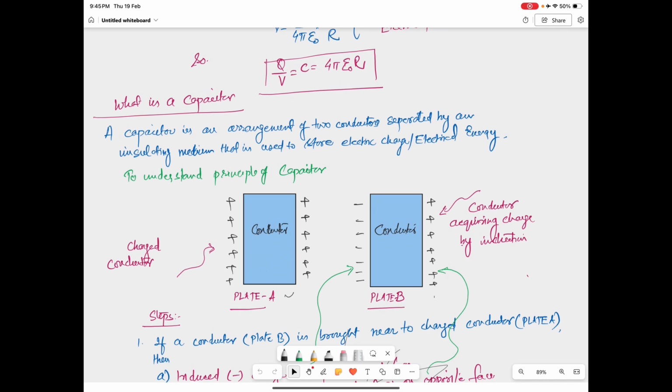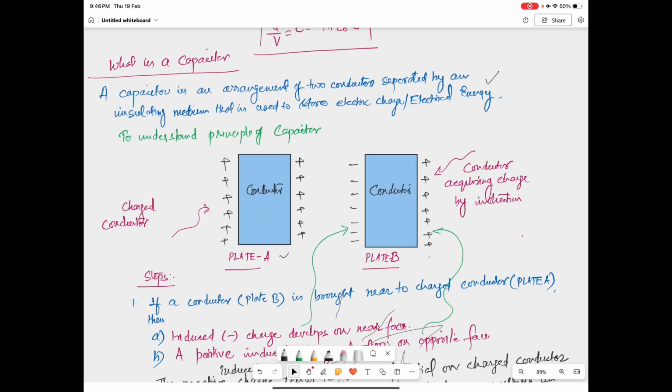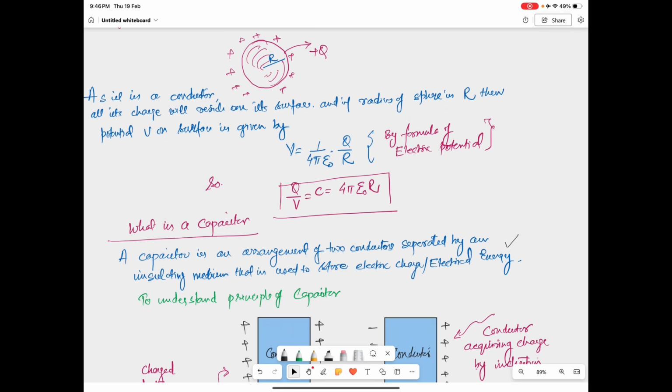A capacitor is an arrangement of two conductors separated by an insulating medium that is used to store electrical charge or electrical energy. So this is the combination of two conductors whereby, by bringing one conductor near to a charged conductor in the vicinity, we increase the capacity of the conductor.